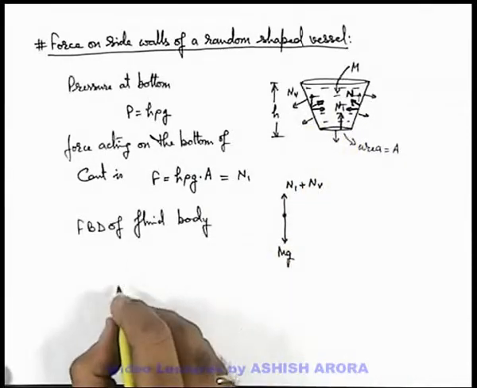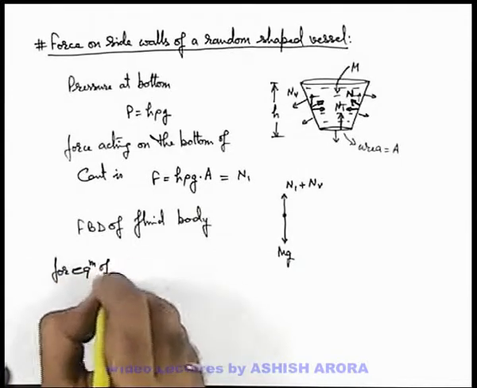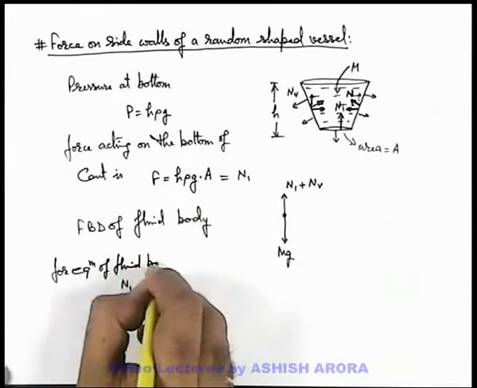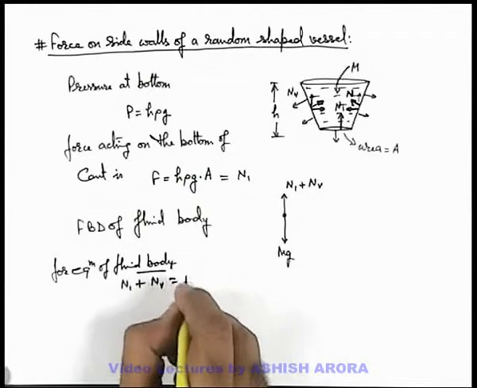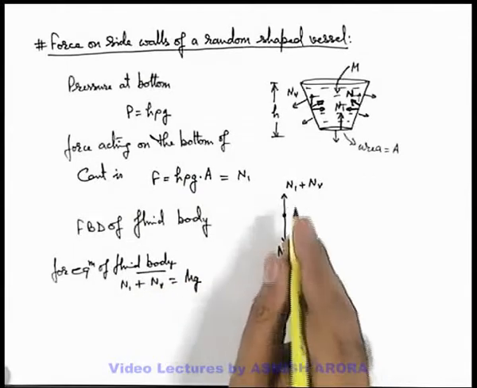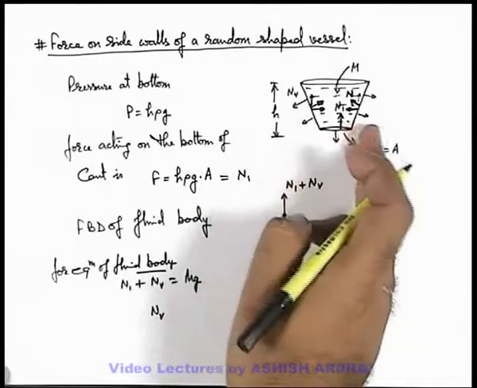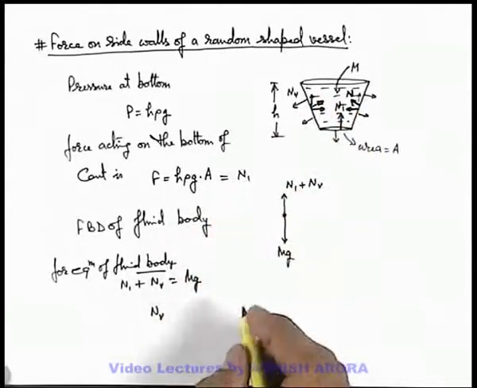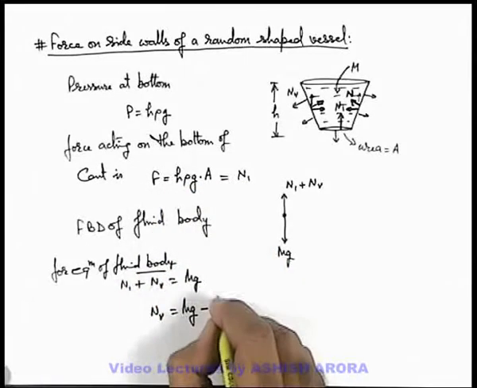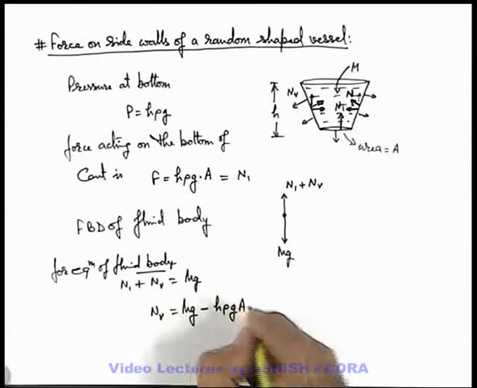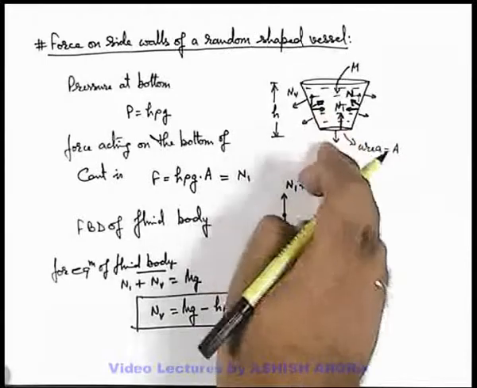For equilibrium of the fluid body, N1 plus NV balances the weight of the whole liquid. So NV, the force exerted by the side walls on the fluid body, can be written as mg minus N1, where N1 we already calculated as h rho g into A, the force exerted by fluid pressure on the bottom.